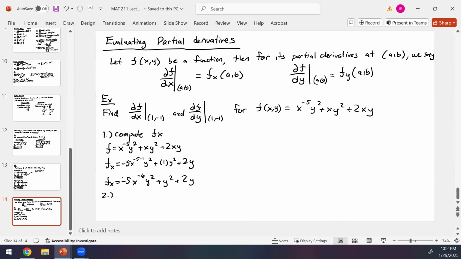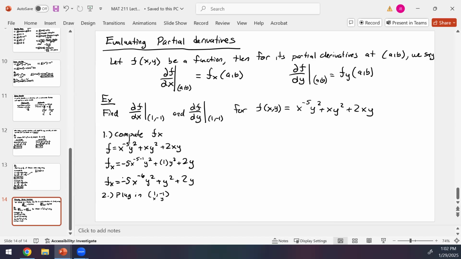So step 2 is just plug in 1, negative 1. And remember, the first number is always the x value, and the second number is always the y value. That's how we always define these ordered pairs.